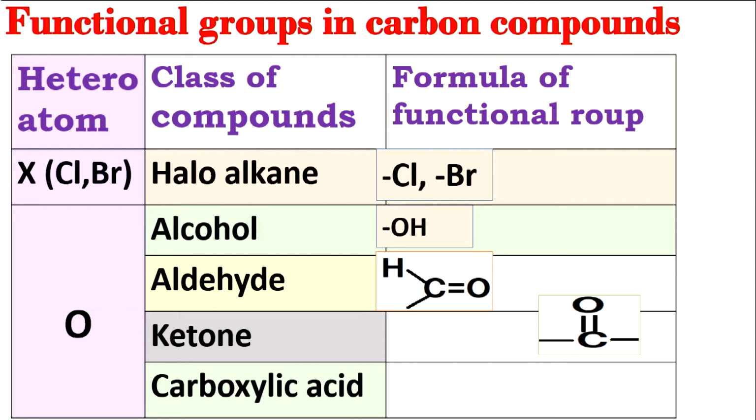Ketone, C double bond O. Here ketone should be in the middle. On either side there should be carbon atoms. Then carboxylic acid is found attached to terminal carbon atom by replacing one hydrogen with the COOH group. If it is COOH group, you call that one as carboxylic acid. This table is there in your textbook.